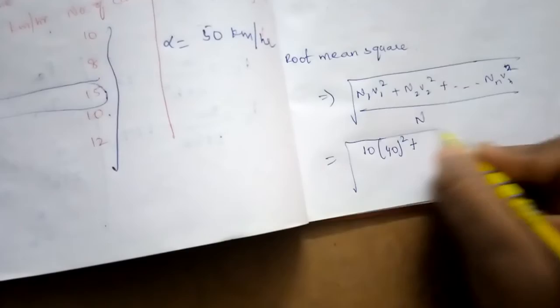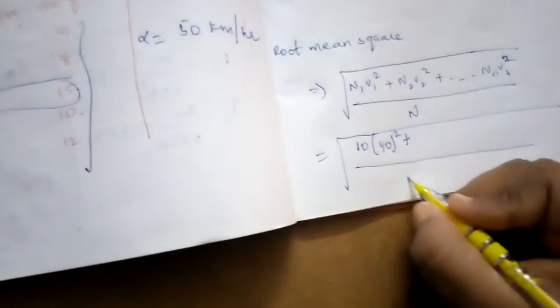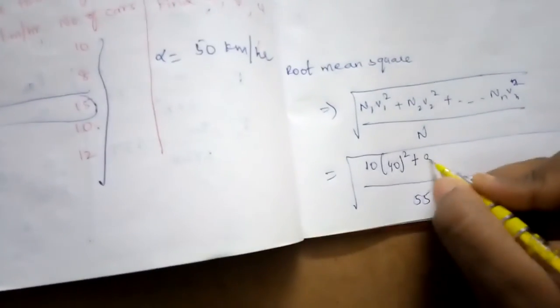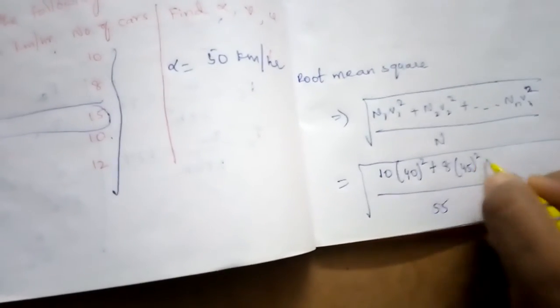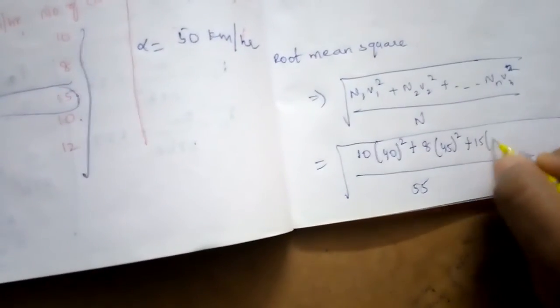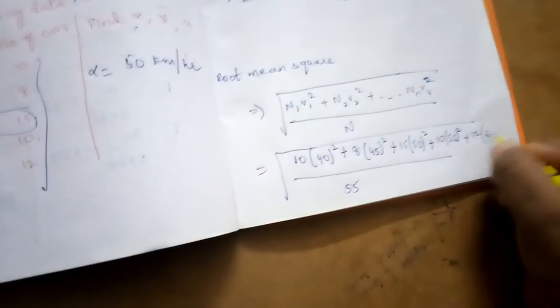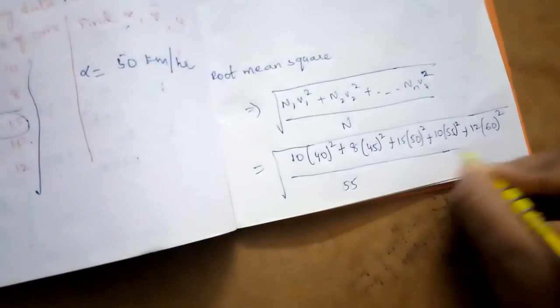So here, 10 into 40 squared plus 8 into 45 squared plus 15 into 50 squared plus 10 into 55 squared plus 12 into 60 squared, by the total number, which is 55. If you solve, you are going to get this, at 10 km per hour.